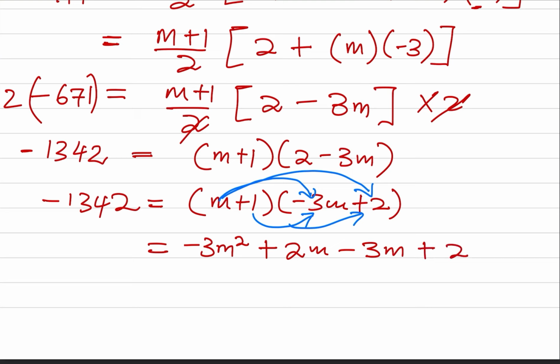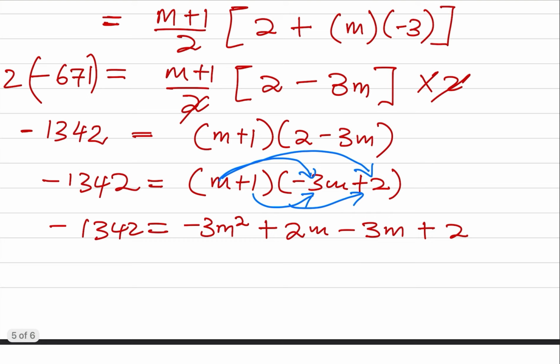Are we happy with this? Please be careful with this type of calculation, you might make mistakes. You need to use the FOIL method, all right? So we have negative 1342 there.